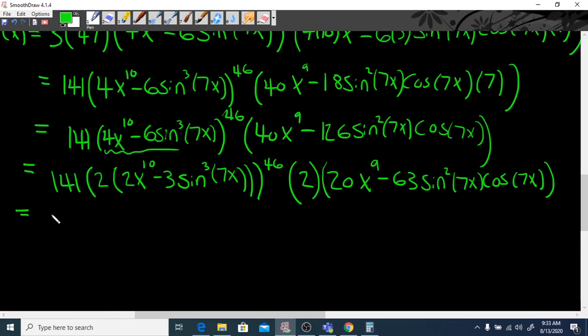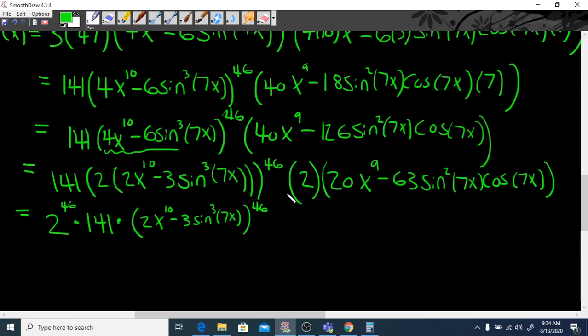Okay, good. So we finally wind up with something like this. 2 to the power 46 times 141 times (2x to the 10 minus 3 sine cubed of 7x) to the power 46. Oh, hey, look at that.